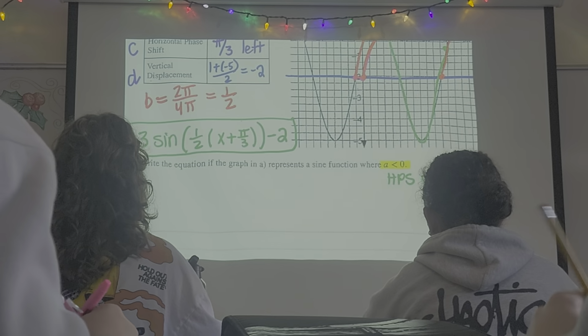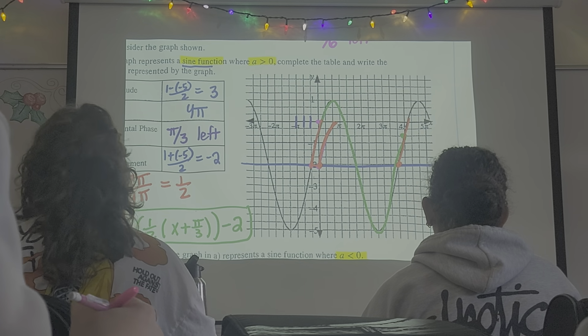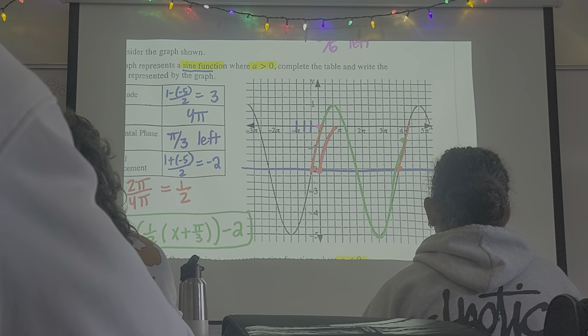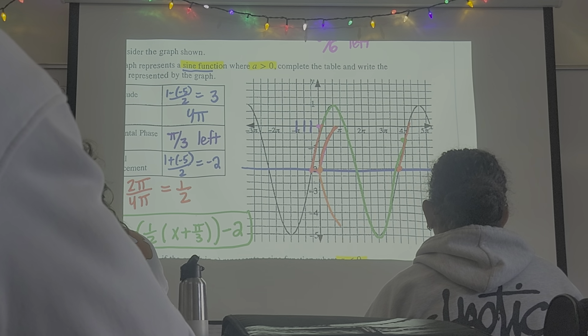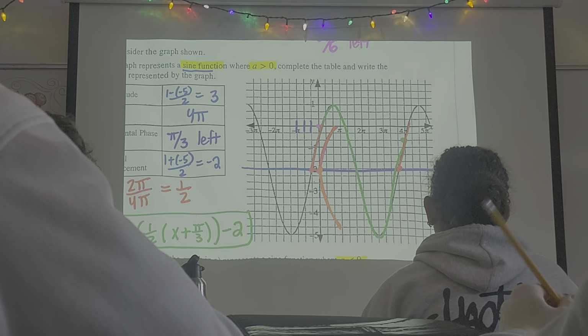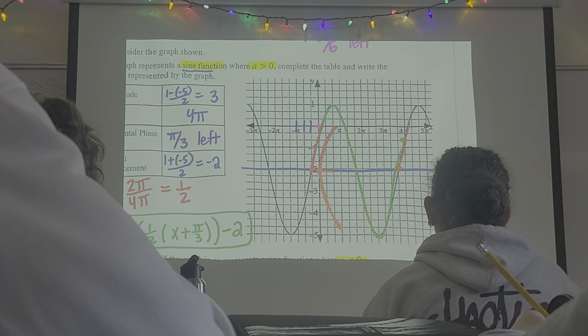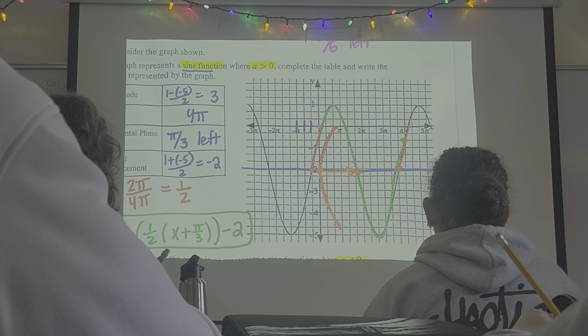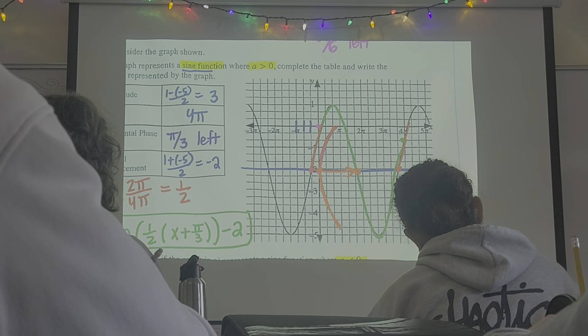So if I want to do the reflection, instead of curving up, it's going to be going down. So it's gone from here to there. So it went to the right.